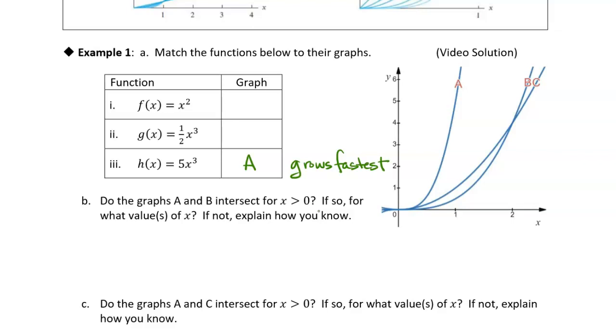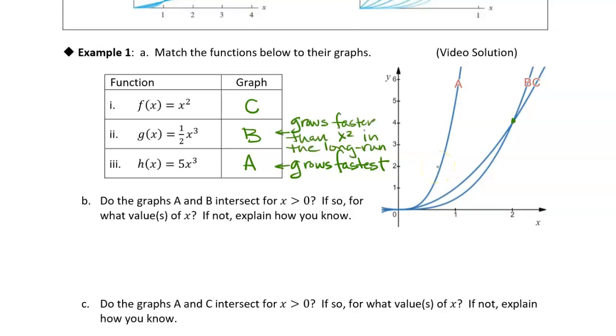But we can see that B is below C until we get up to like 2 or so, and then it looks like B is dominating C. We know that the higher powers of x always dominate in the long run, so this has to be B and this would have to be C. That's just because B grows faster than x squared in the long run.